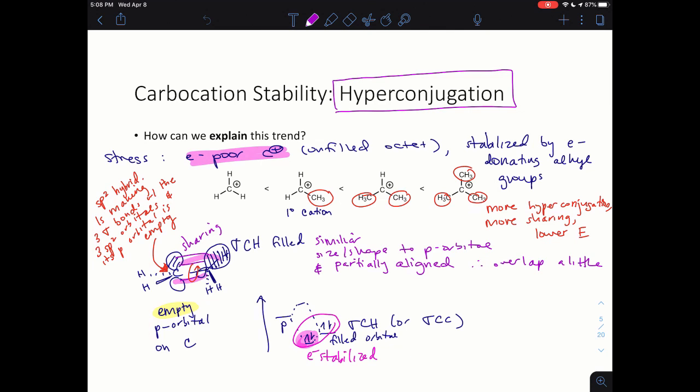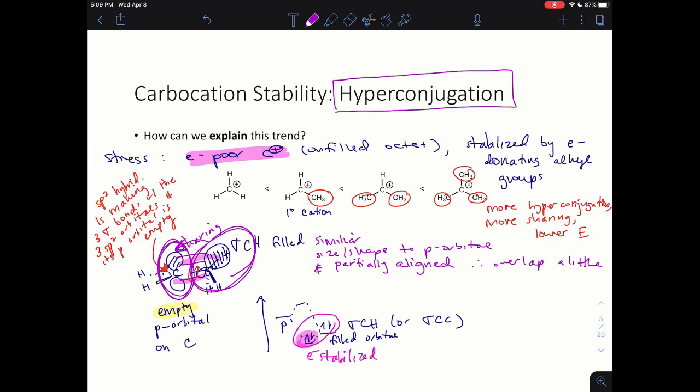Hyperconjugation is the overlap of a sigma CH or a sigma CC orbital, that filled orbital, with an empty orbital of pi symmetry. There's a node for the orbital on the internuclear axis. That's what I mean by pi symmetry. So these two orbitals are sharing electrons. The sigma CH or sigma CC is donating electrons into that empty p orbital.